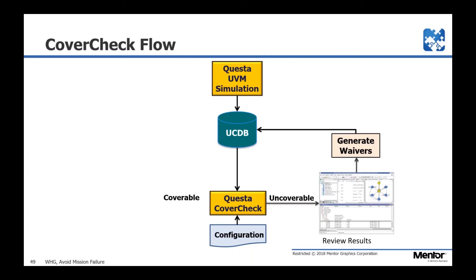It will detect that they are uncoverable, and it will say, these lines are uncoverable because of the way you have configured this. And it will write those waivers for you, and generate all of that for you so that you can go forward.